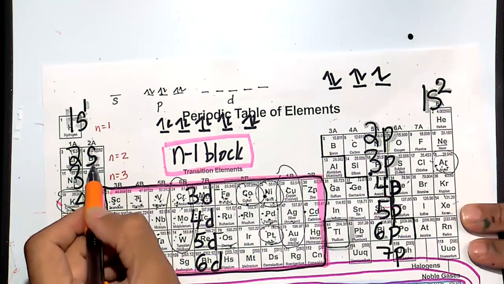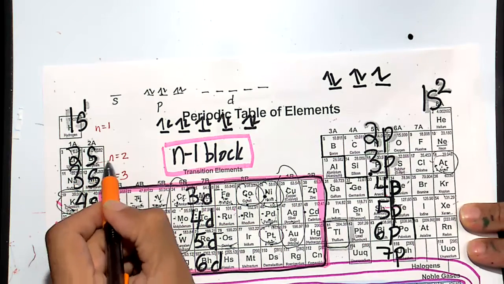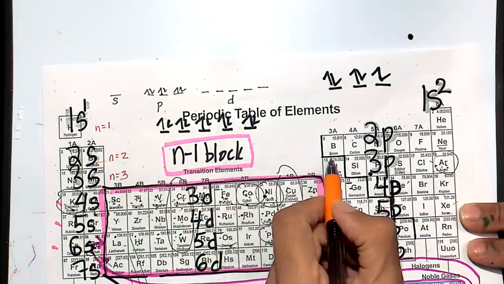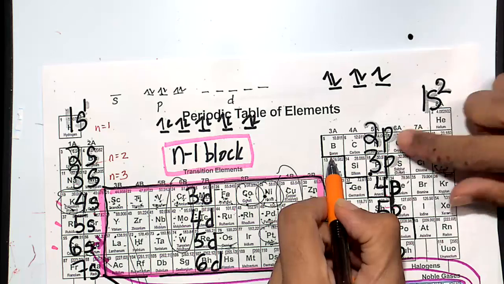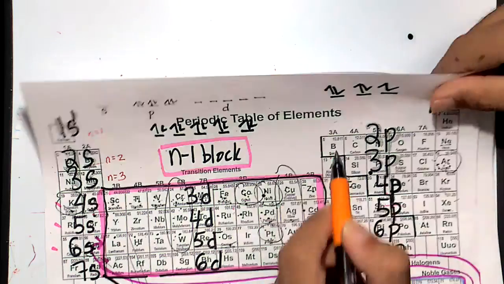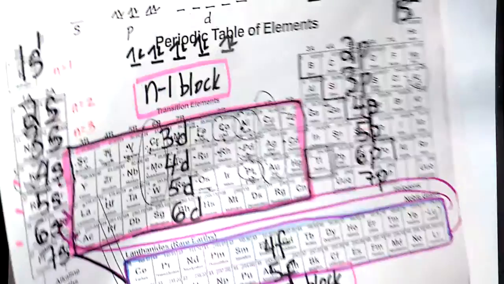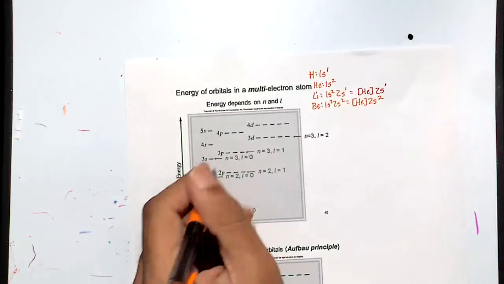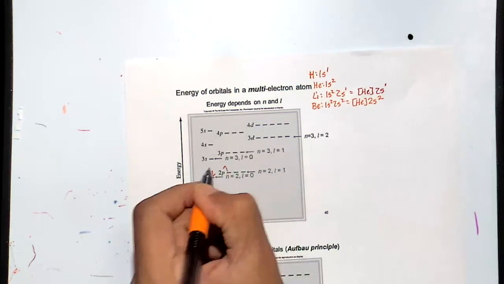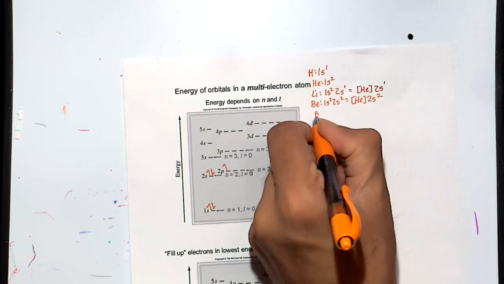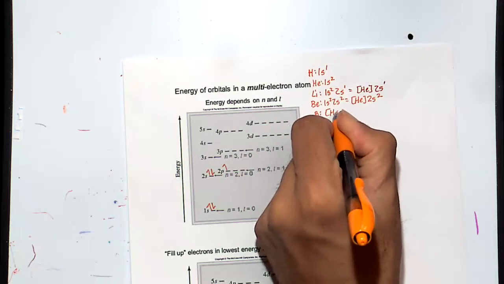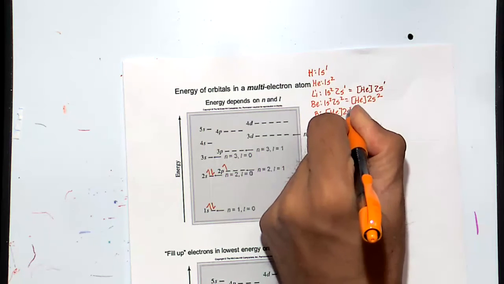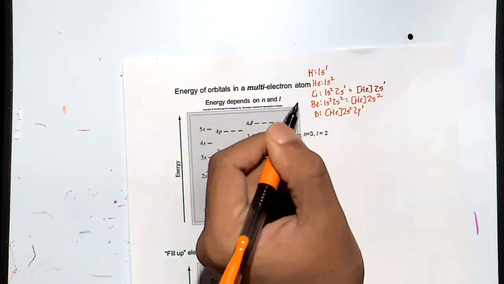After 2s, the fifth electron in boron is going to fill the 2p shell. So it's going to go right here. 5 electrons in boron. 1, 2, 3, 4, 5. So boron is going to be helium 2s2, 2p1.